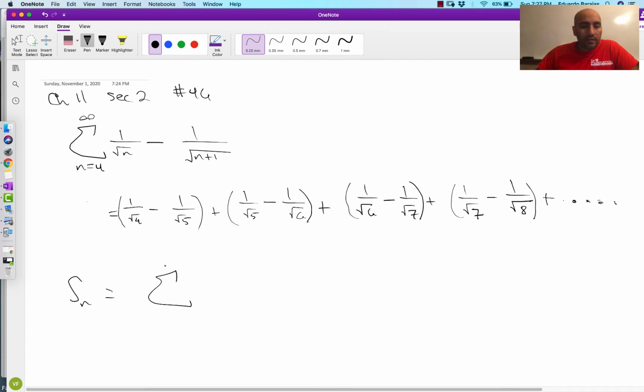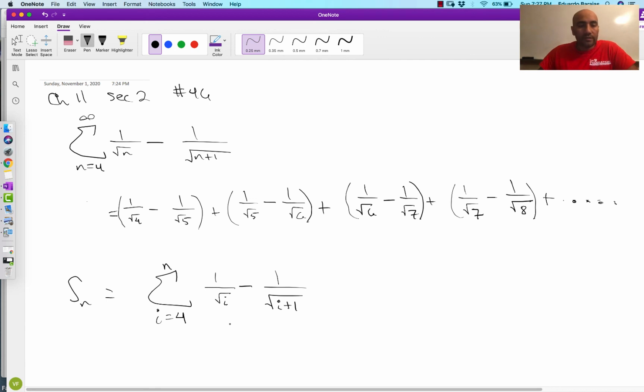S sub n means it stops at n. We want to add the first n of these. Unfortunately, it's the same letter there, so we have to come up with a new index, and the most popular index is an i. So this is just going to become 1 over root i minus 1 over root i plus 1.